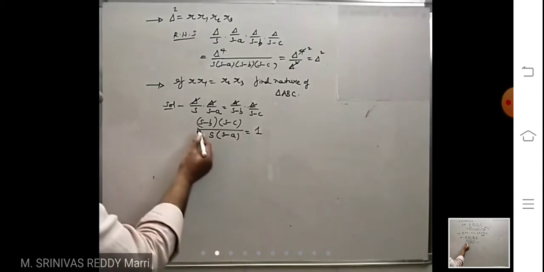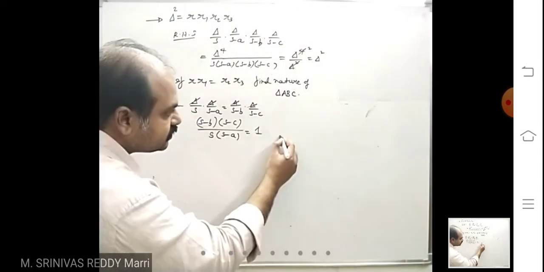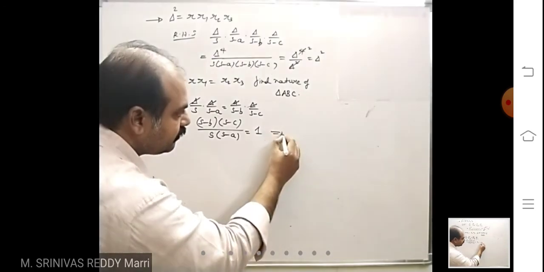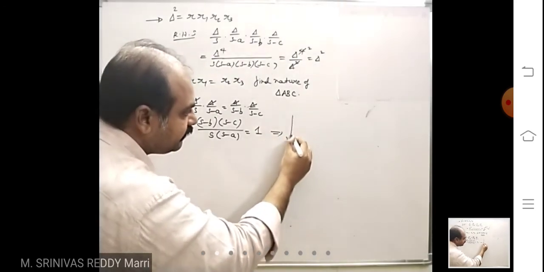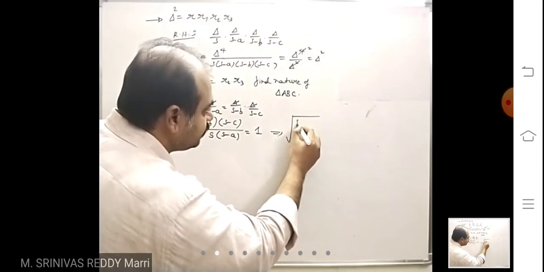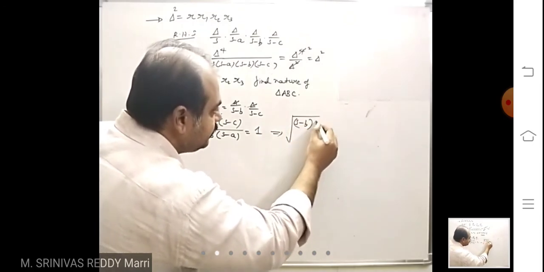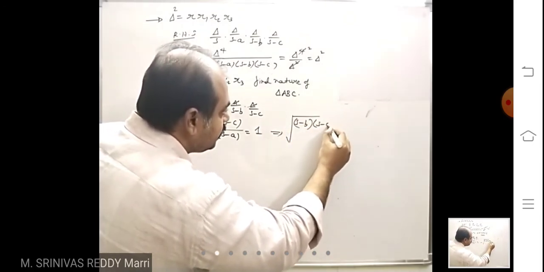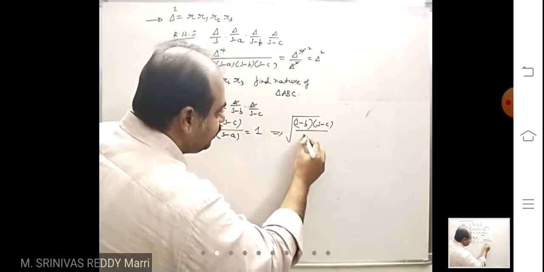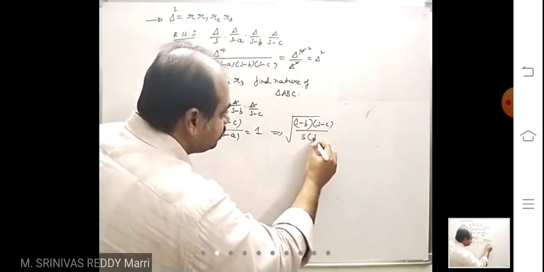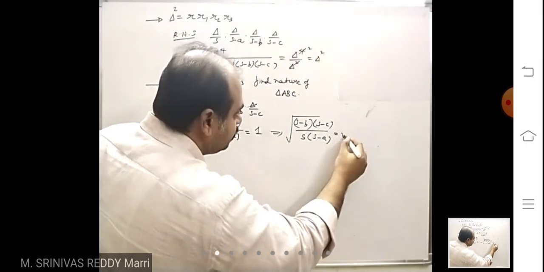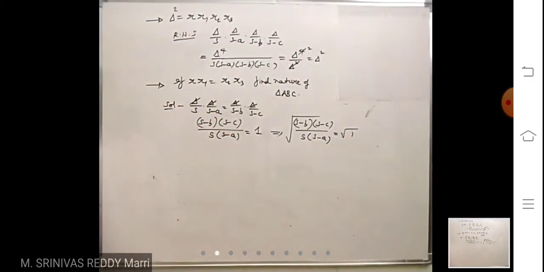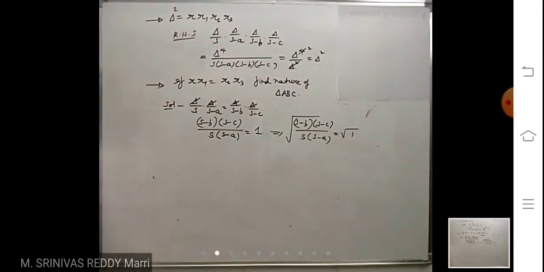Now look here. This formula you know. I am applying root on both sides: root of S minus B into S minus C divided by S into S minus A equals root 1, right? This formula is what? You know this formula.